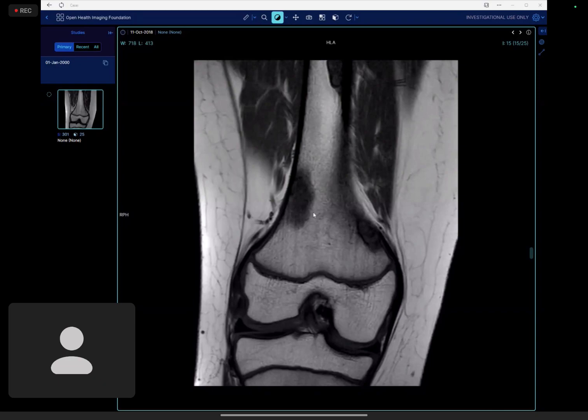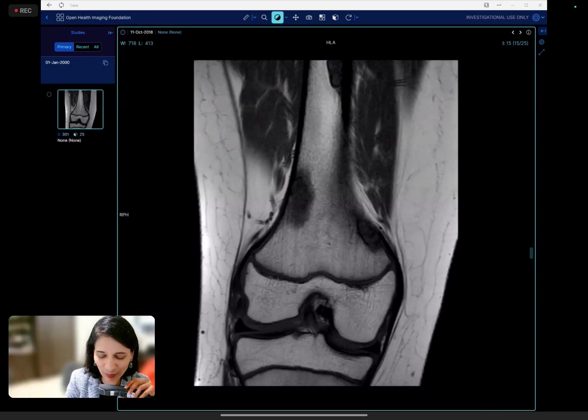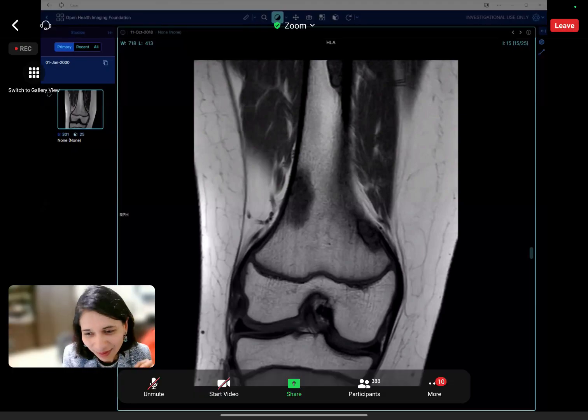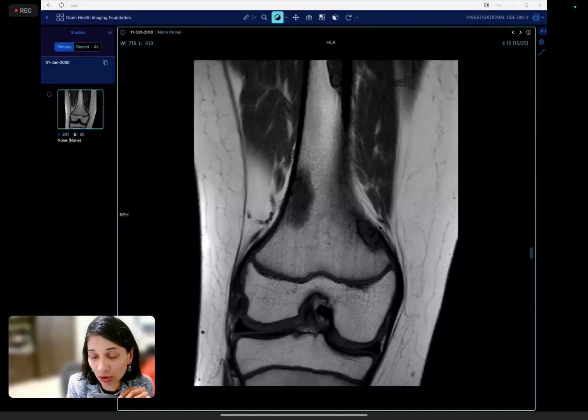So this is MR appearance of non-ossifying fibroma. I don't think anybody will usually do MR for non-ossifying fibroma, and I don't think they will expect you to know this. But when you have multiple non-ossifying fibromas, they can be associated with a syndrome called Jaffe-Campanacci syndrome.